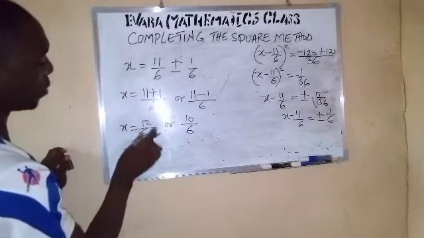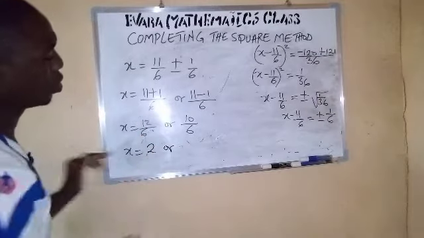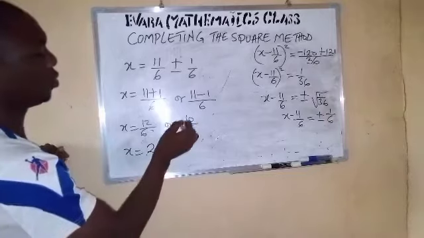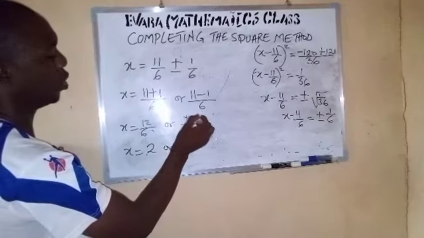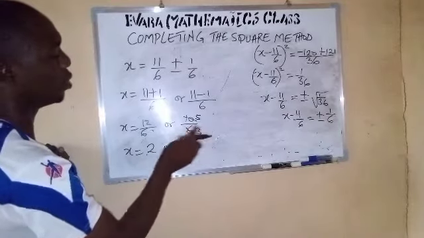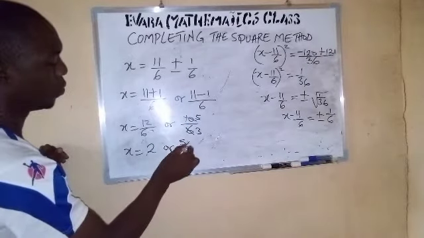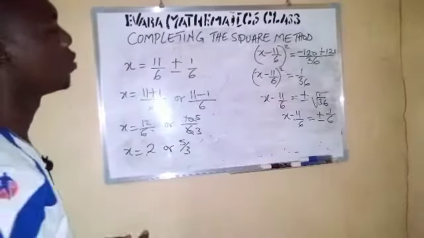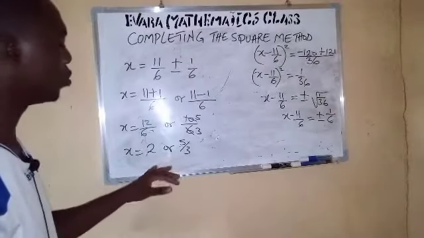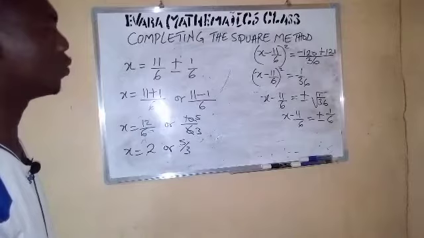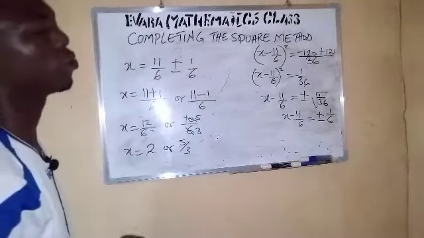So 12 divided by 6 is 2 and 10 divided by 6, this is an improper fraction because 6 cannot divide 10. So we have 5 over 3. So this is the solution to the quadratic equation using completing the square method.